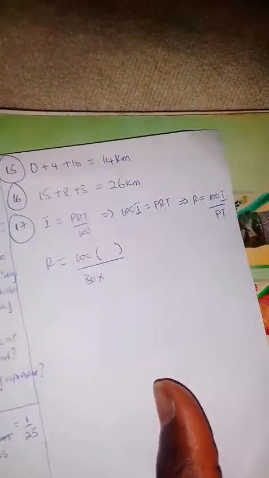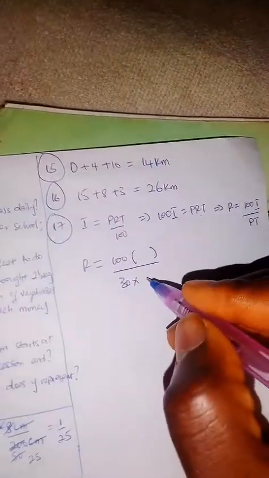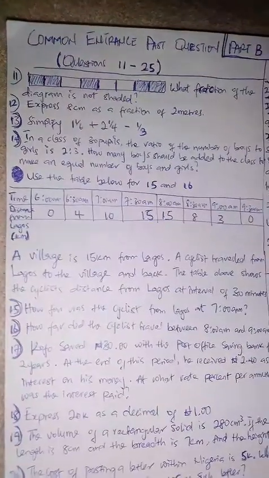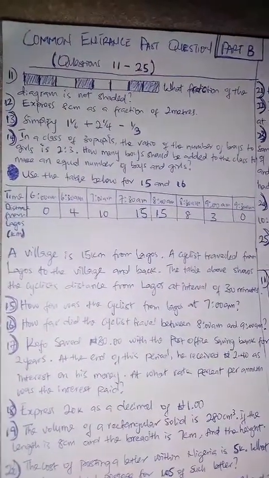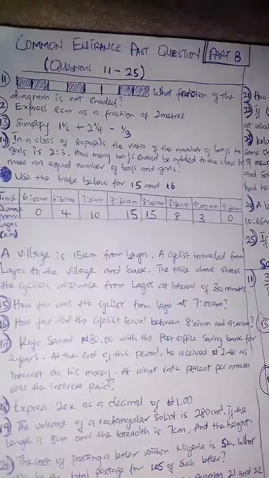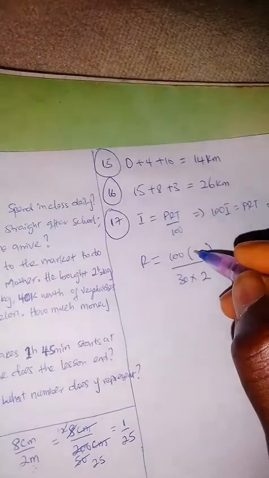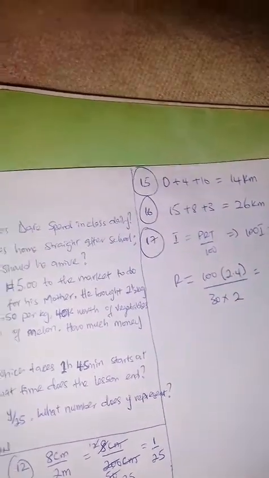T is 2 years. From the formula I have PT, so that's 13 times 2. Then finally my I. He received this as interest, that's 2.4. So I have 2.4 here.